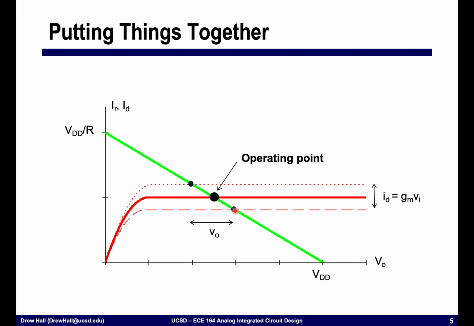That's how we're getting gain out of the circuit. The gain is really the movement across this region while we have the DC operating point set here, and the output voltage swing is how much we move on the horizontal axis.